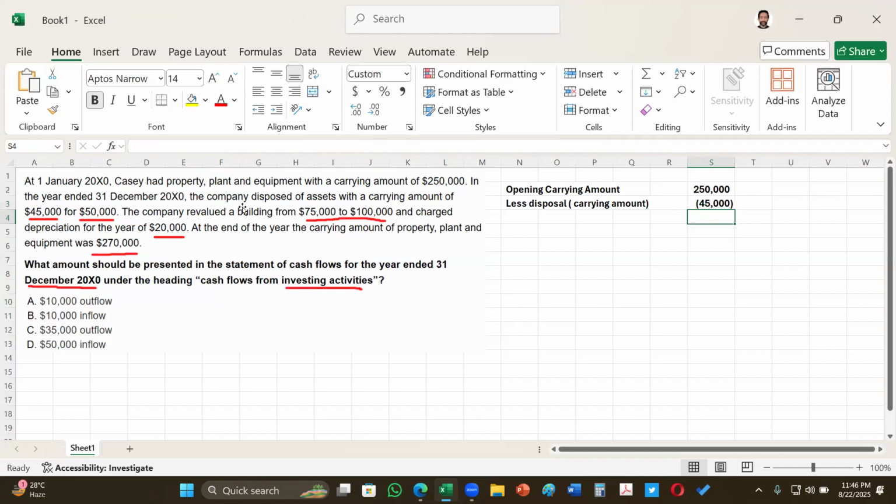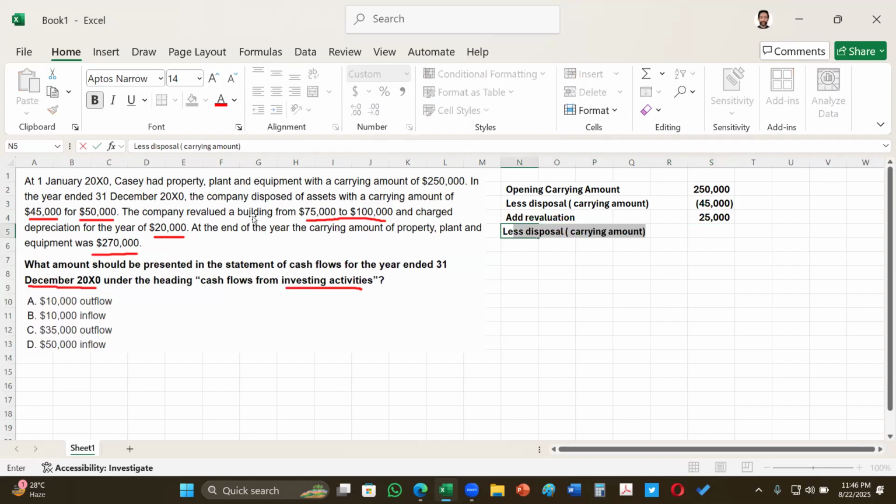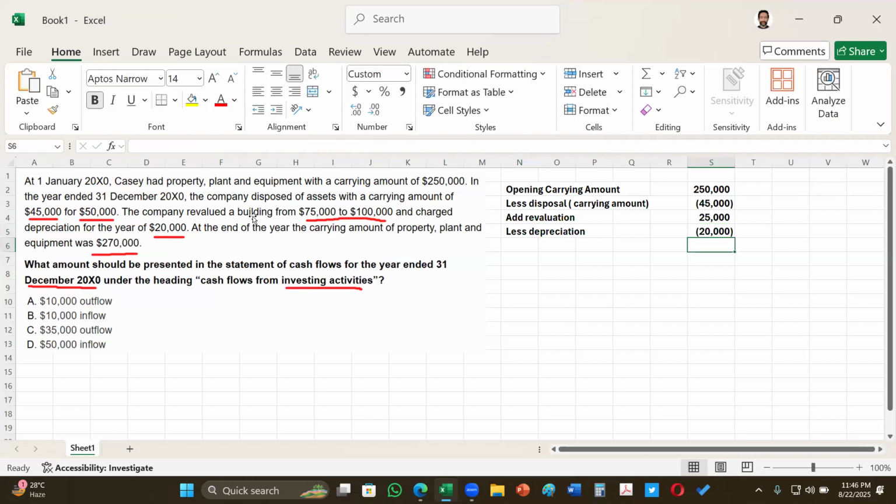Then there's a revaluation of 25,000, so we add the revaluation. And we deduct the depreciation charge. The depreciation is 20,000. At the end of the year, the carrying amount is 270.